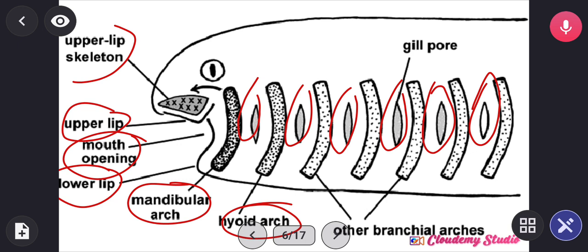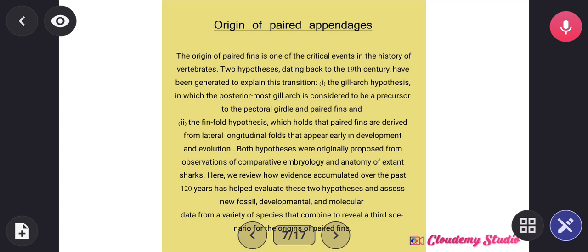You understand? So moving from there to the origin of paired fins. The origin of paired fins is one of the critical events in the history of vertebrates. Now, there are two basic hypotheses dating back to the 19th century: the gill arc hypothesis and the fin fold hypothesis. But the one that is most accepted is the fin fold hypothesis, which suggests that the paired fins are derived from a lateral longitudinal fold that appears in early development and evolution.